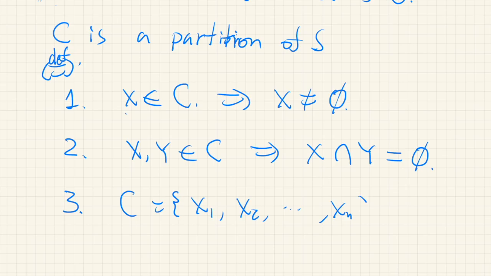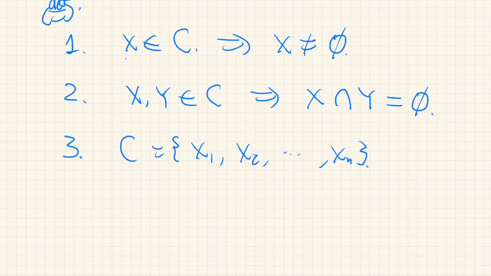If there are n elements in C, then if we take the union of all these elements, x1 cup x2 cup, and so on, cup xn, then this is equal to S itself.